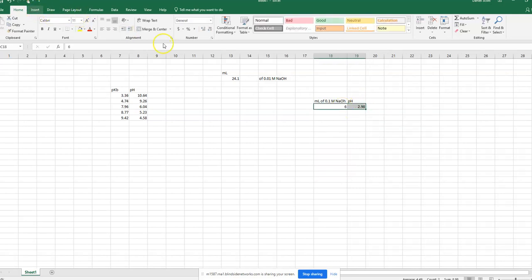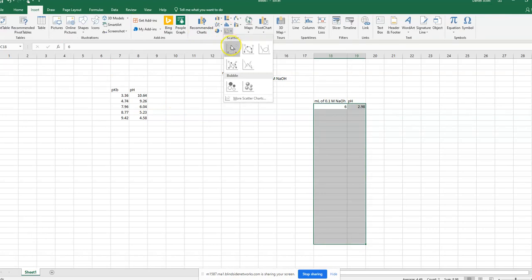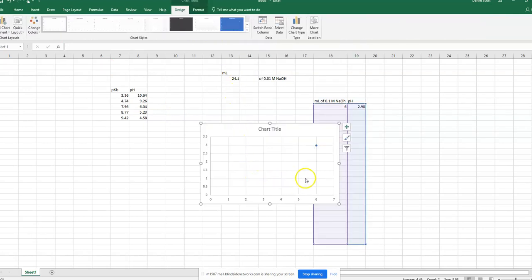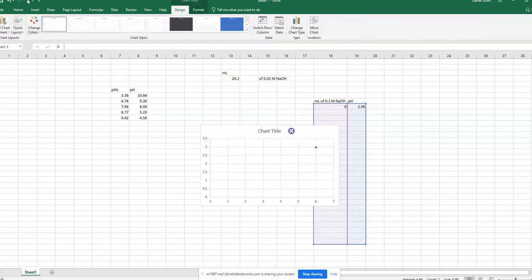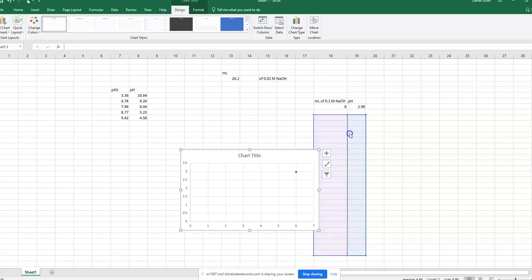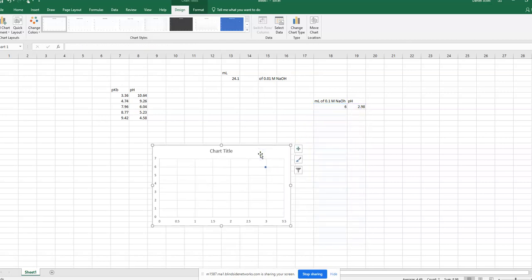So if I insert a plot here, I want those to be switched because I want the milliliters to be on the x-axis. Oh, that's not right.